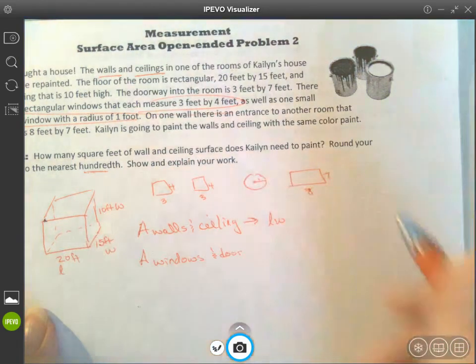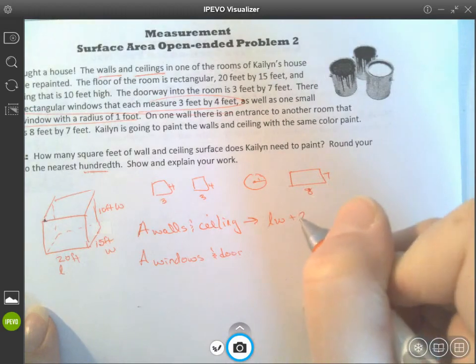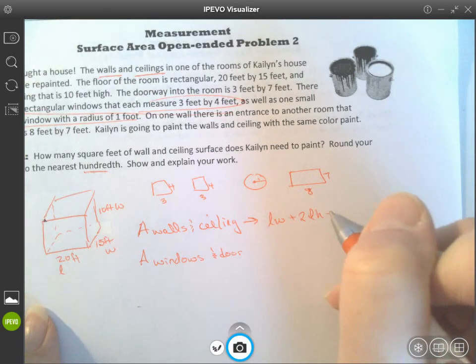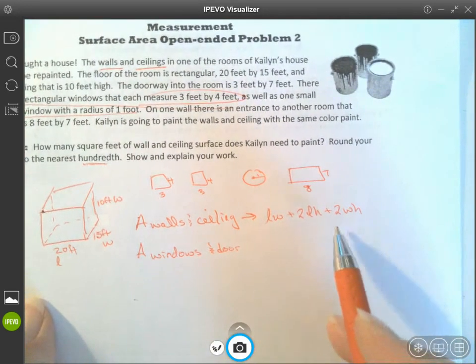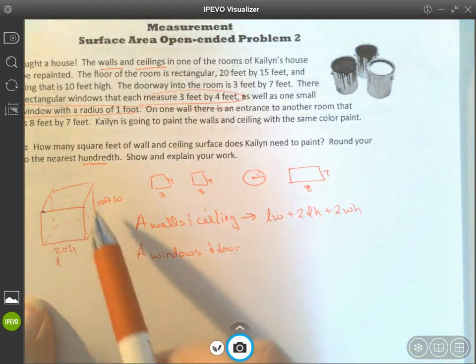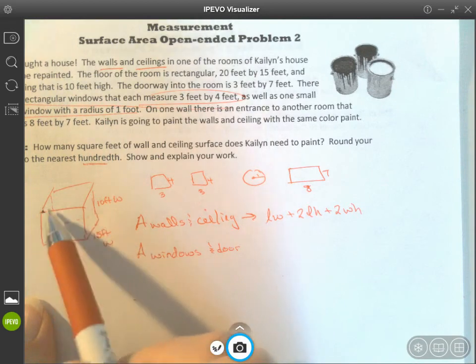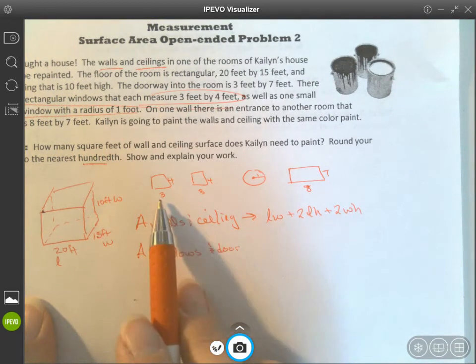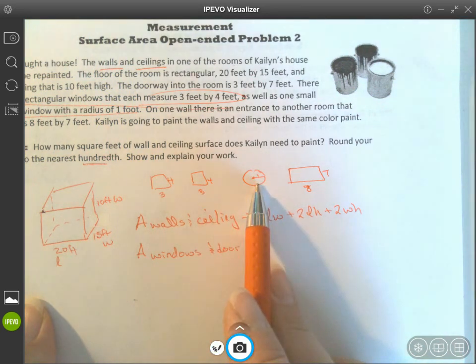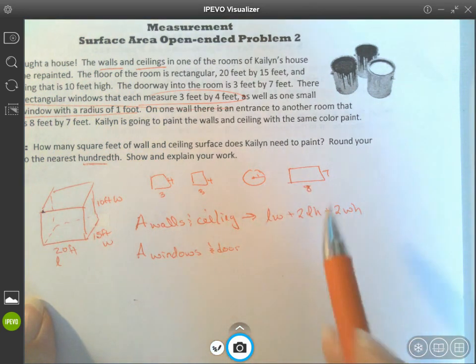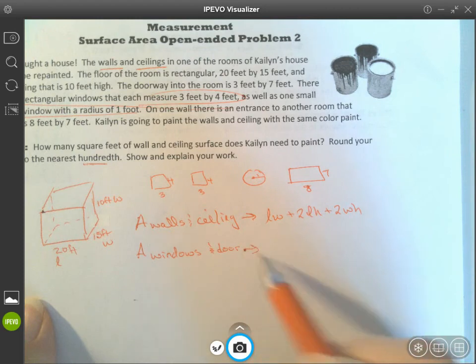And the idea is then I would have 2 of the LH and 2 of the WH, because the LH is the front and back wall and the WH are the side walls. The windows and the door, well, you have 2 rectangular windows, 1 circular window, and 1 rectangular entrance. All of that stuff would go here.